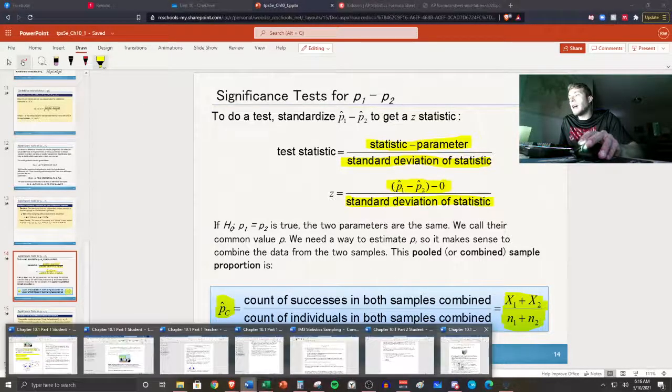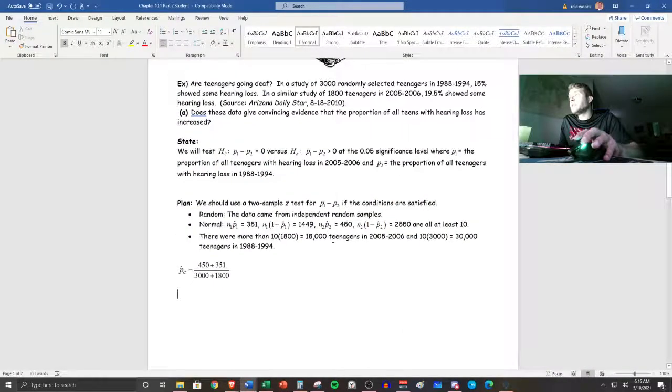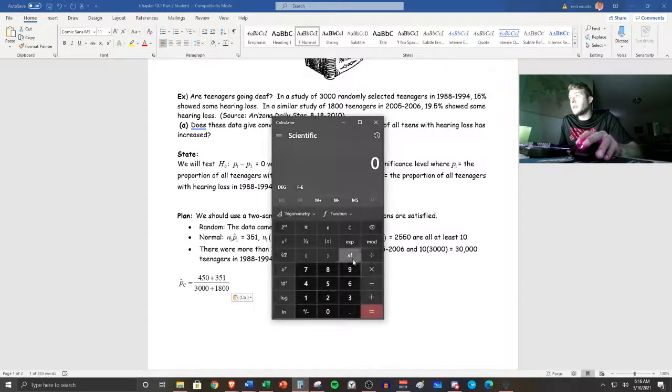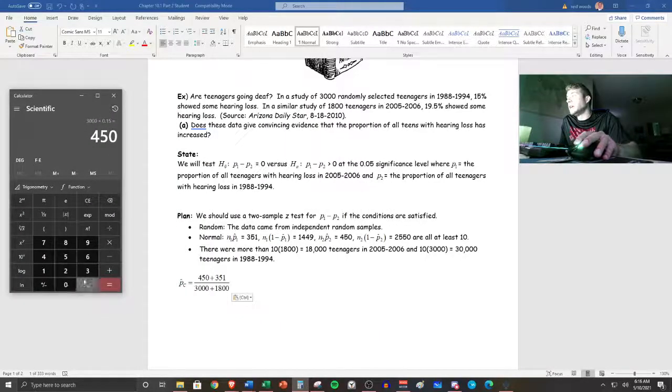So when we look at that, how many successes did we have? Well, if we took 3,000 and 15% of them showed hearing loss, so we take 3,000 times 0.15, 150. So that's where that number comes from. And then 1,800 times 0.195, that's that 351. So that's where we're getting that.